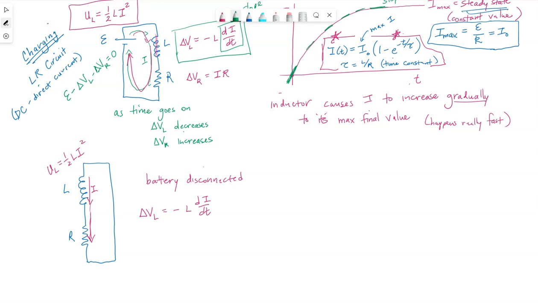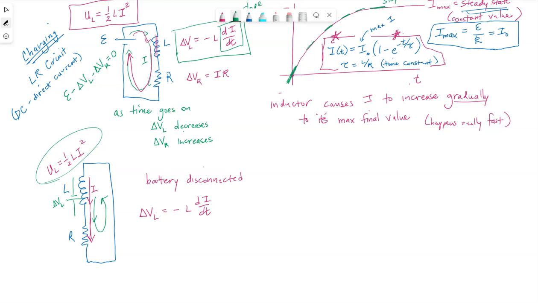So the inductor, if I come over to the coil over here representing our inductor, is going to act as if it were a battery for a short period of time. It can't do this forever, but it's going to use the energy it has to try to keep this current flowing.